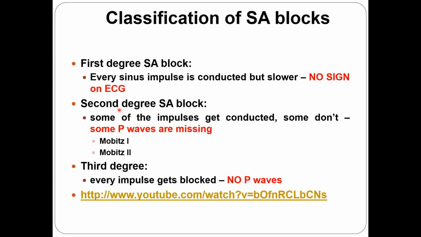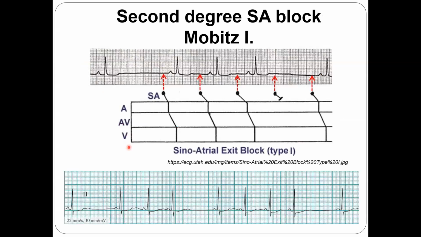Now, in case of second degree SA block, Mobitz type 1 or Mobitz type 2, we have to evaluate the PP distance, because normally the PP intervals are constant. Here, however, they are not.